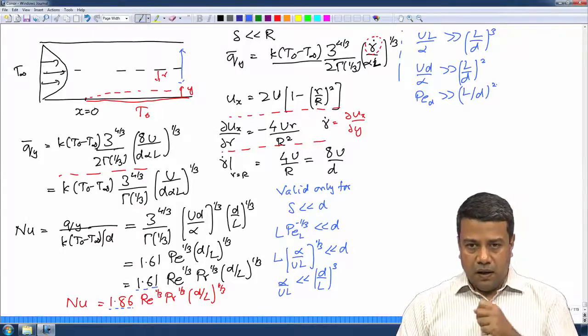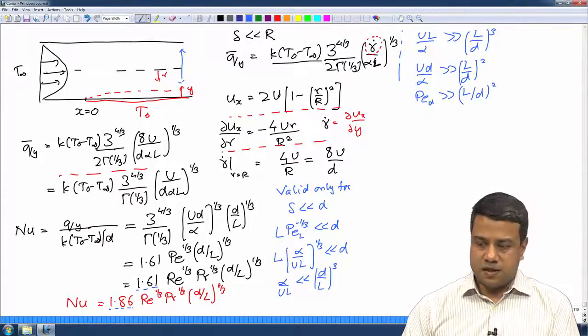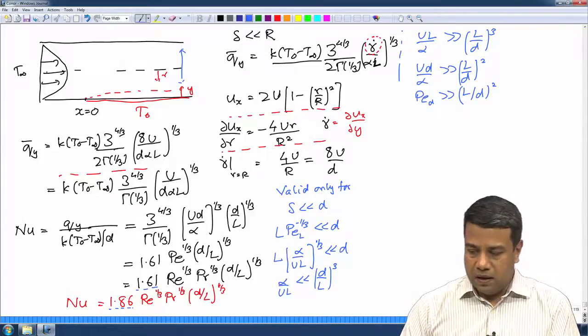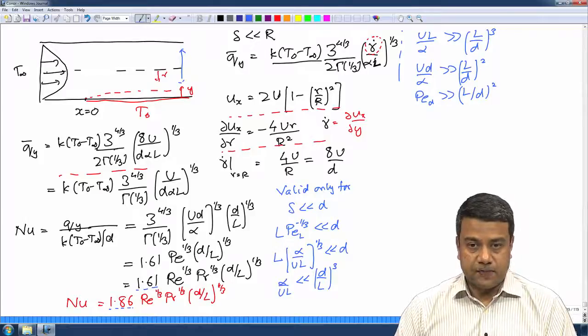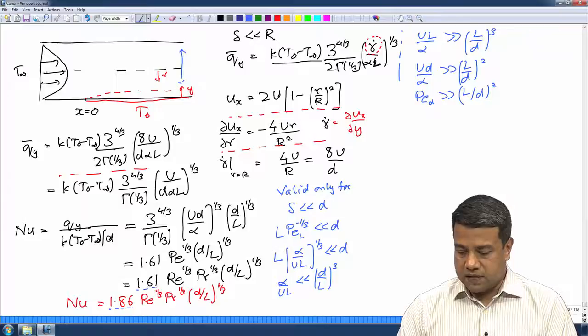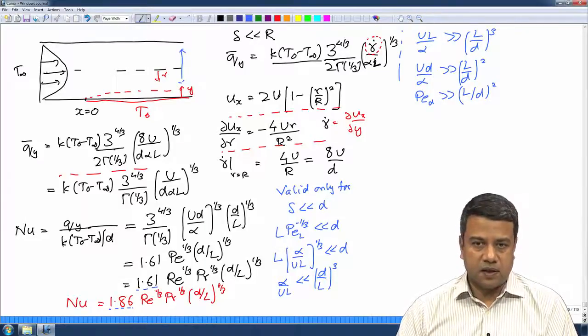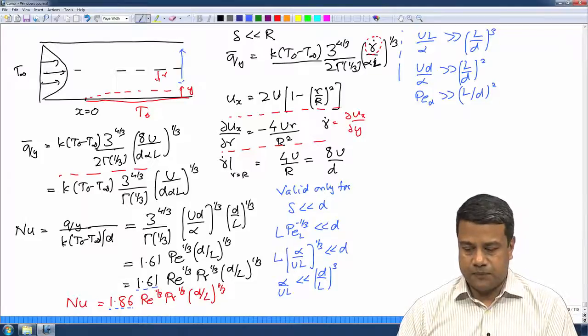So, once the length becomes large enough that this condition is exceeded, the boundary layer analysis no longer applies, and therefore, the correlation is no longer correct. The correlation is valid only so long as the boundary layer thickness is much smaller than the pipe diameter. That is a limitation of the analysis.